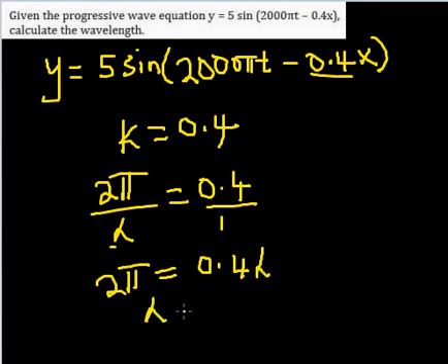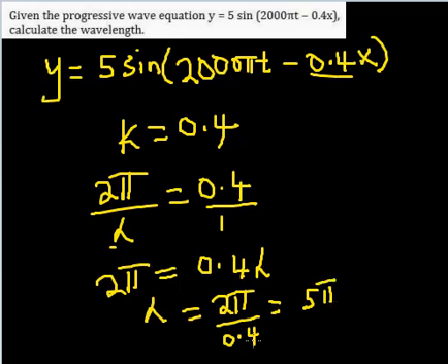So lambda now is going to be equal to 2 pi divided by 0.4. So you can use your calculator to do this. That should be 5, if I'm not mistaken.